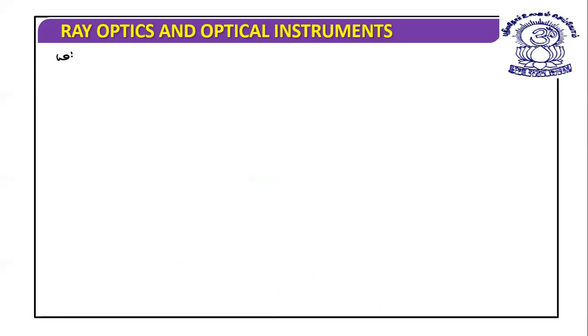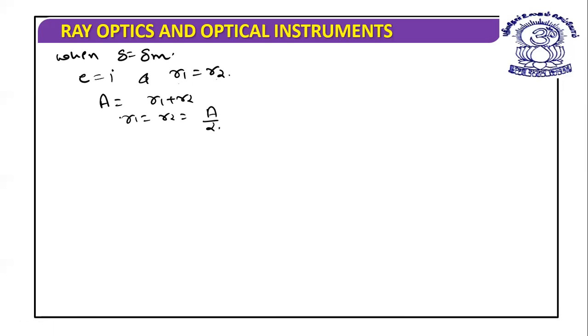So when delta is equal to delta minimum, angle of incidence is equal to angle of emergence and R1 is equal to R2. So we can write A is equal to R1 plus R2. But R1 and R2 are the same, so R1 is equal to R2, which can be written as A by 2.